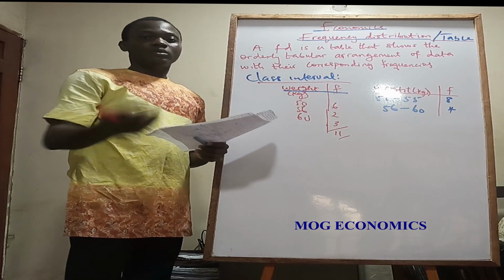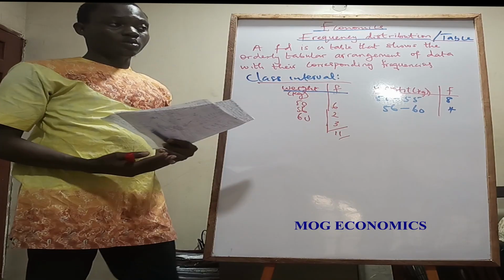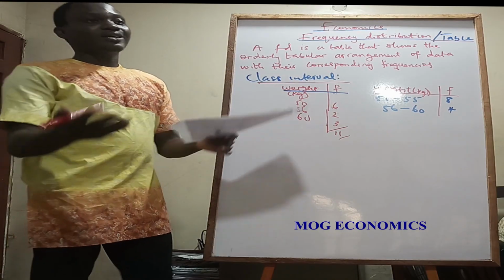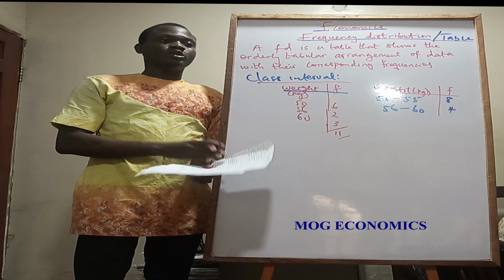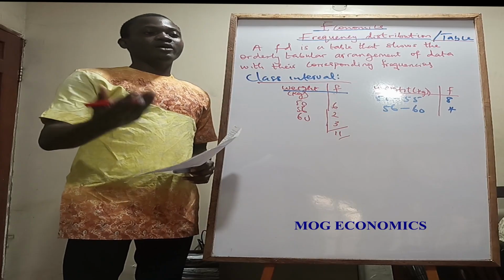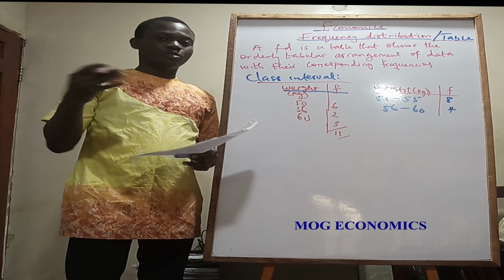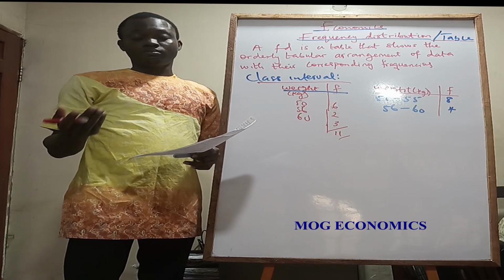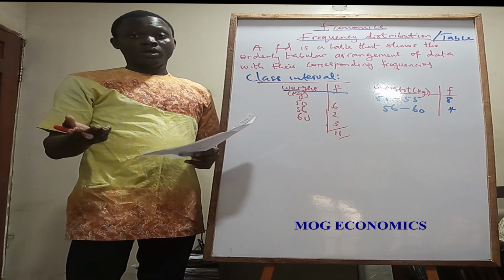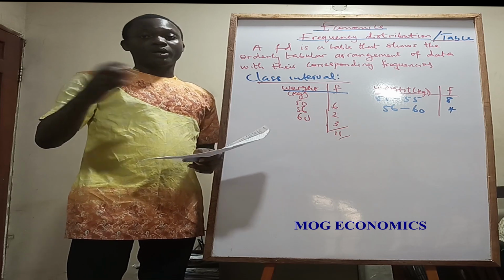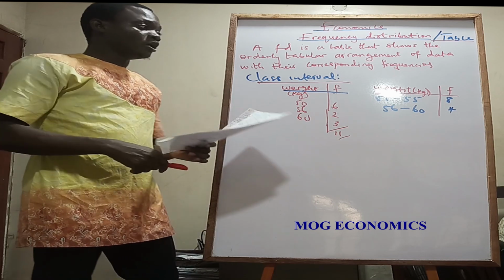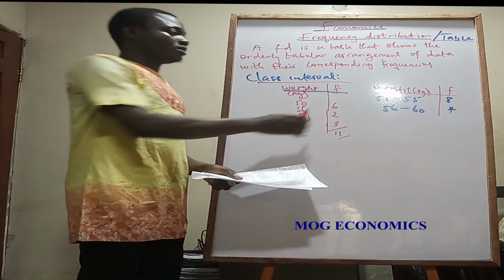Now that we know class interval, what is the other thing that we should know? The class boundary. The class boundary is like the class interval, except that you deduct 0.5 by rule from the lower class limit, and you add 0.5 to the upper class limit. So you have the lower class limit and then the upper class limit.